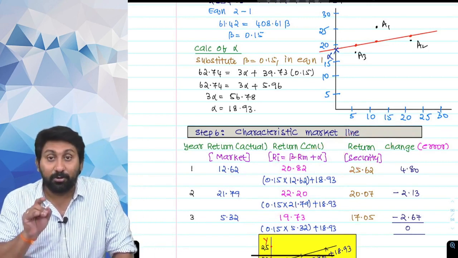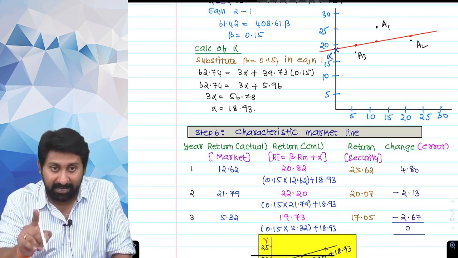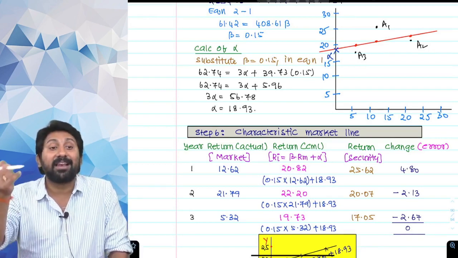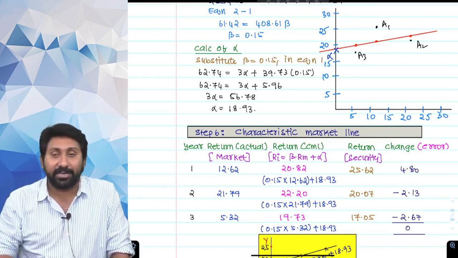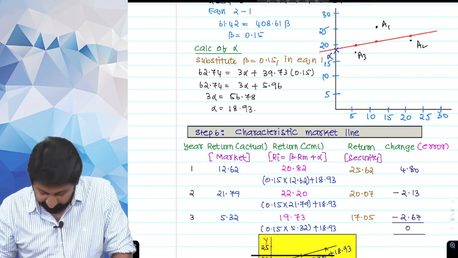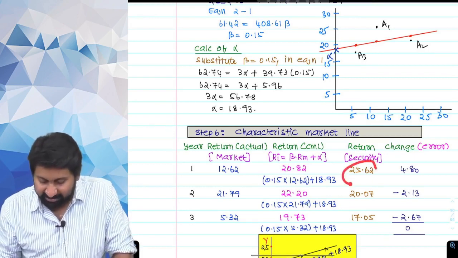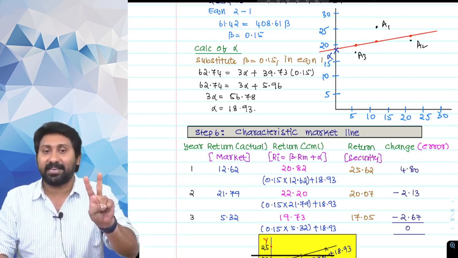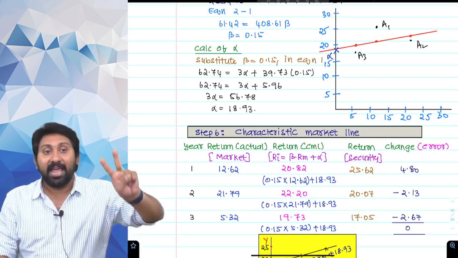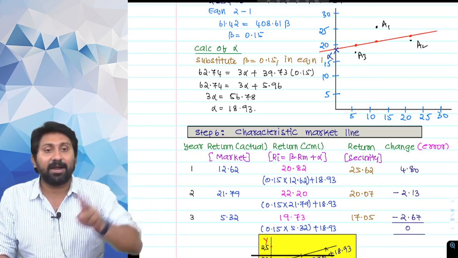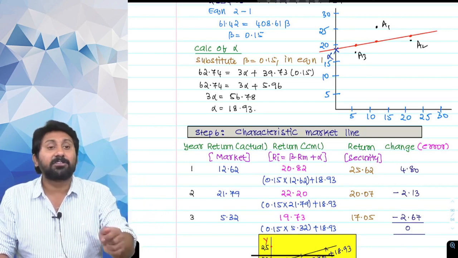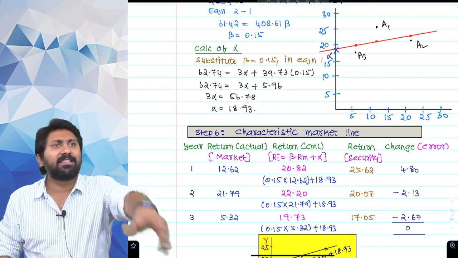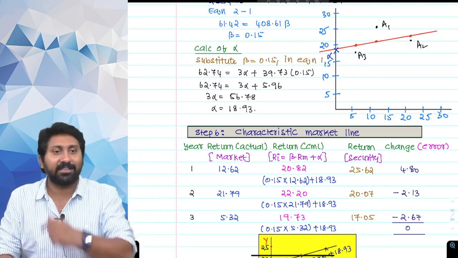Now, when you take market as a base, only market-related return should be considered on the security side. That means if you take 25.62 as a return and plot a point, two returns are there. One is a systematic return, another is an unsystematic return. Unsystematic return means a return that came because of my company's goodwill; whether the market is there or not, I will get that return.